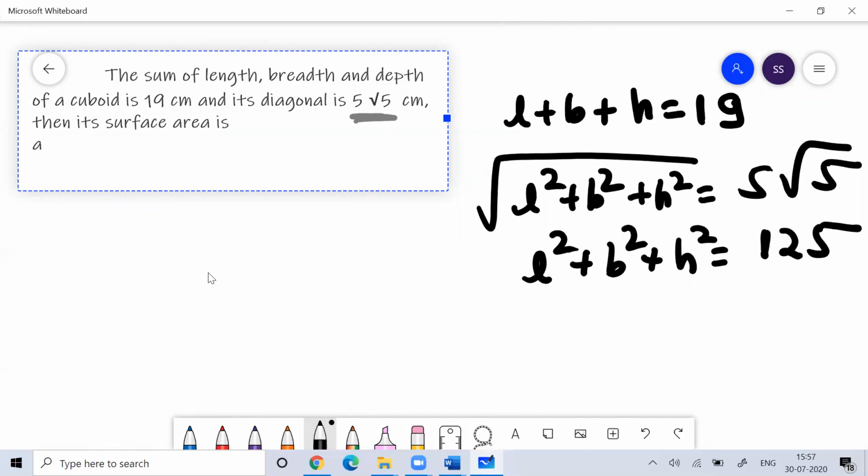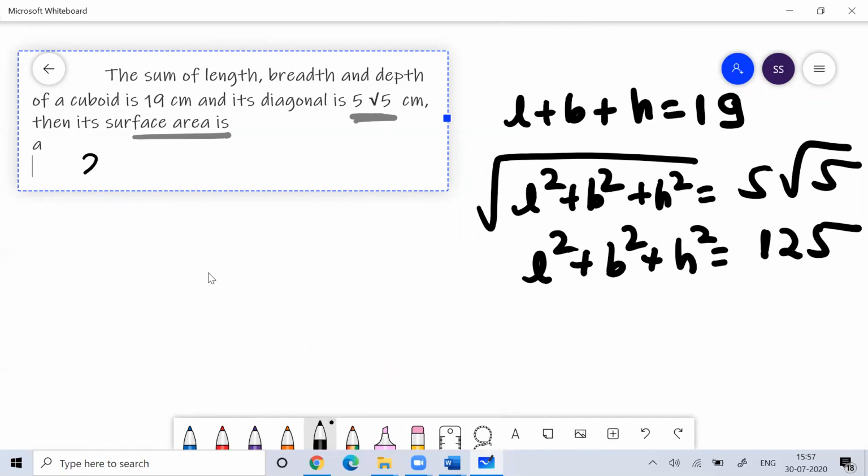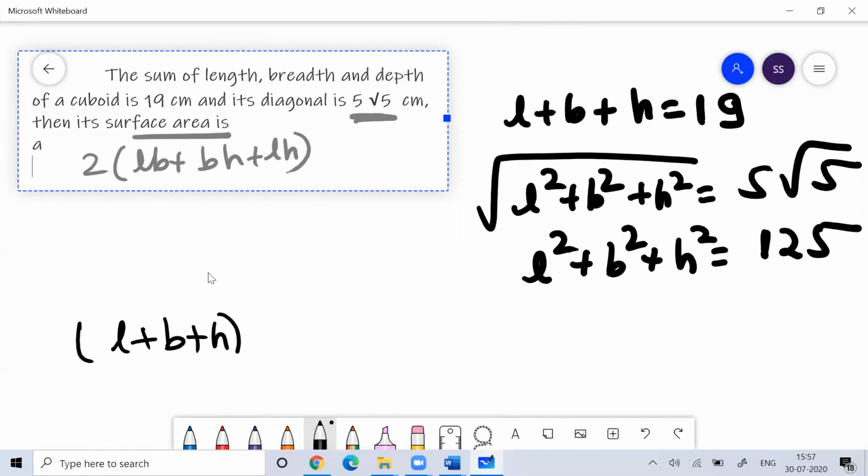Okay, so they're asking you the surface area. You know the formula of surface area: 2 into (LB plus BH plus LH). So what you can do is apply the formula (A plus B plus C) whole square.